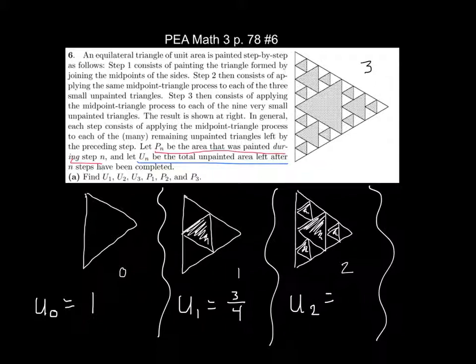U2 is how much is left now unshaded. If you just look at these little triangles out here, what fraction of it is one of these triangles? 16ths, because you have 4 here, you got 4 here, you got 4 here, and the middle one could be divided into 4, right? So that's 16ths. So out of the 16ths, 9 are unshaded still. Are we okay with that?